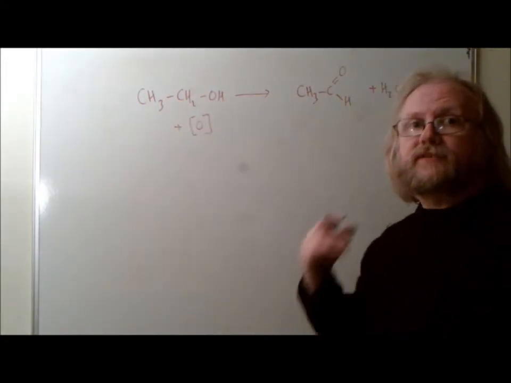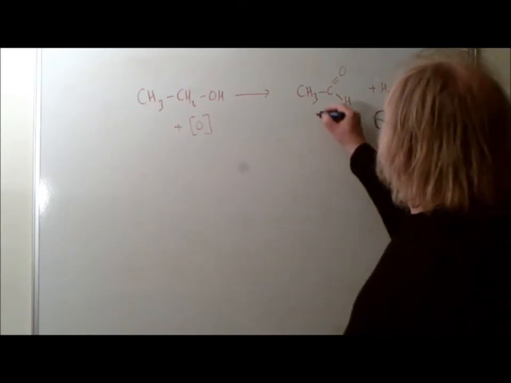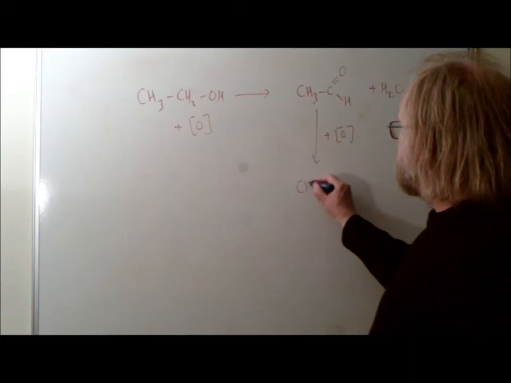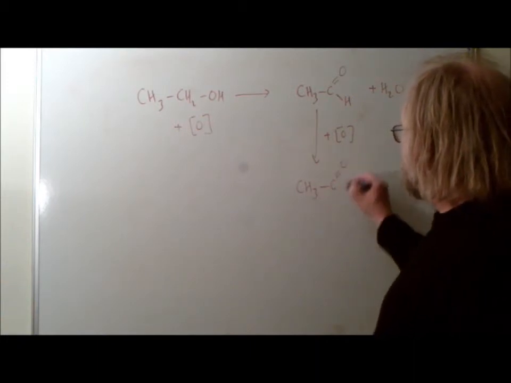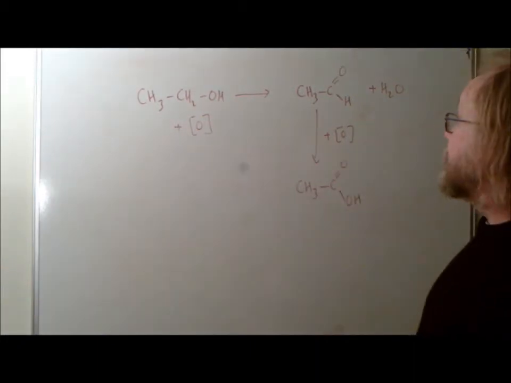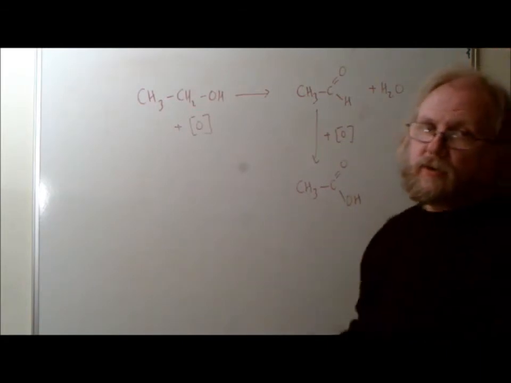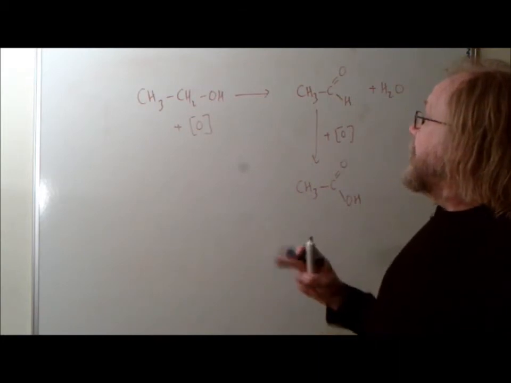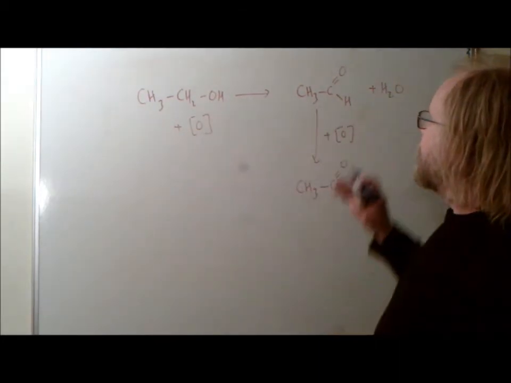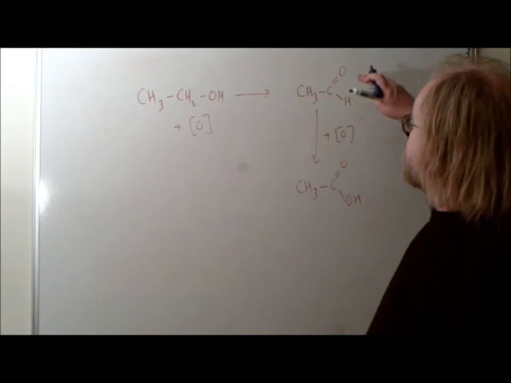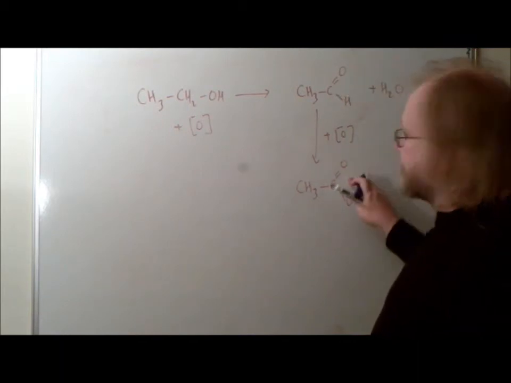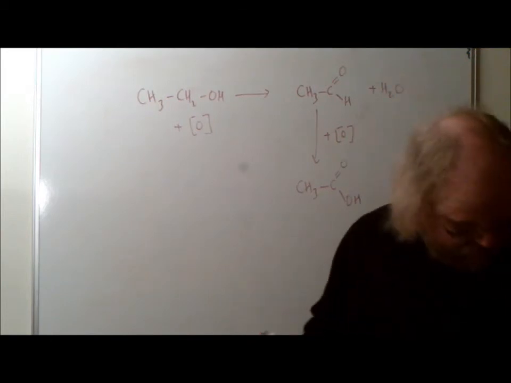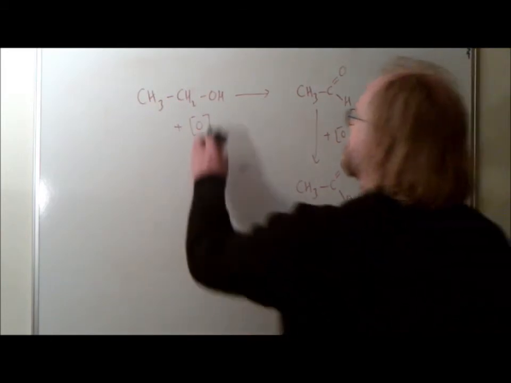But remember then, if you oxidize for longer with excess of the oxidizing agent, then you can convert that into a different product, an extra oxygen on board, which is the carboxylic acid. So in ethane 1,2-diol, you have two primary alcohol groups, and both of them can either oxidize to the aldehyde or oxidize further to the carboxylic acid, or of course one of them may not oxidize at all, and that's where you get this range of possible products.